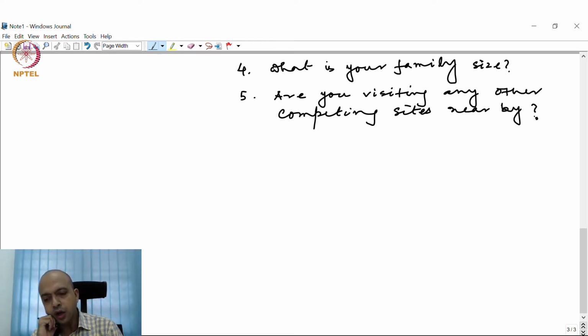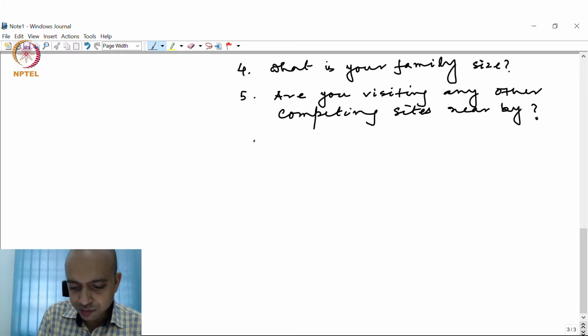Now what we assume here is that when the individual is visiting a site, the individual is basically demanding the environment. When you demand something, you have to pay a price for that. What is the price the visitor is paying here? The cost that they incur. So what are the components of the cost?